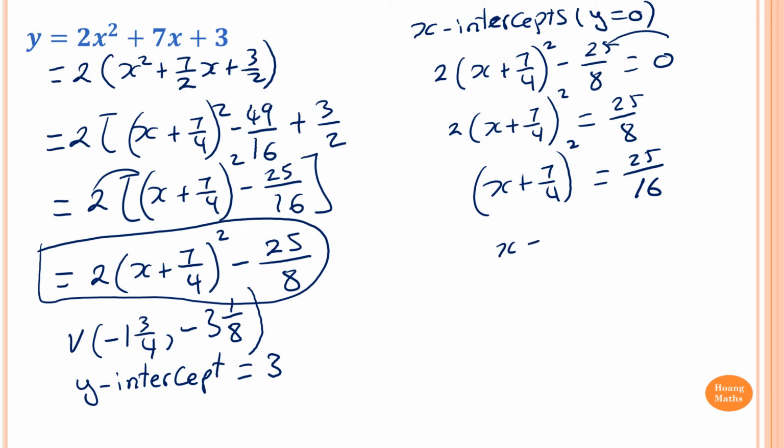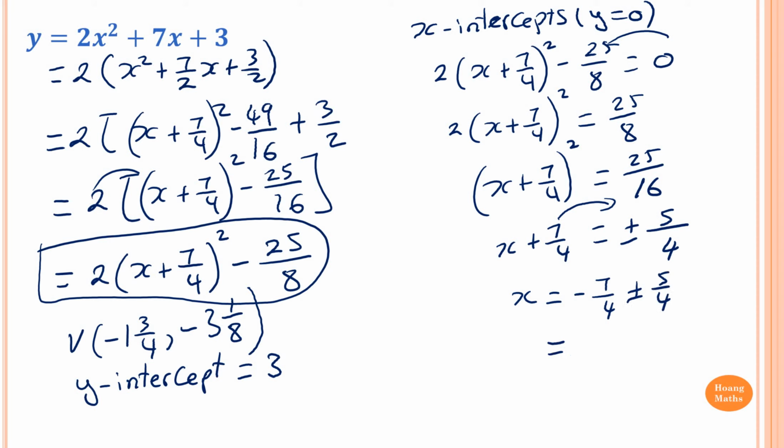And then I square root both sides. So x + 7/4 is equal to plus or minus the square root of 25/16, which is the same as square root of 25 over square root of 16. So square root of 25 is 5. Square root of 16 is equal to 4. Now I just move this 7/4 on this side. So x equals negative 7/4 plus or minus 5/4.